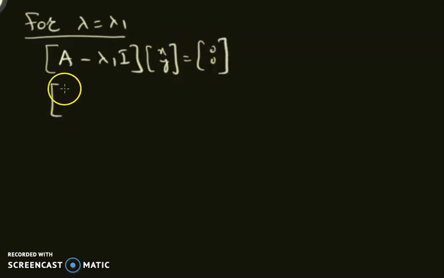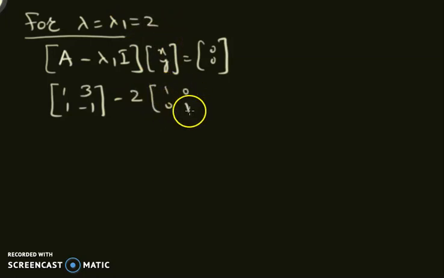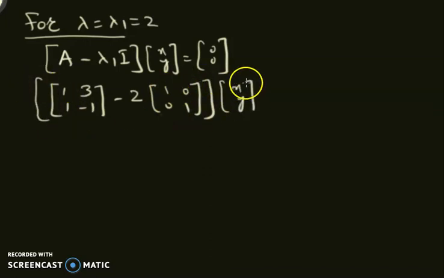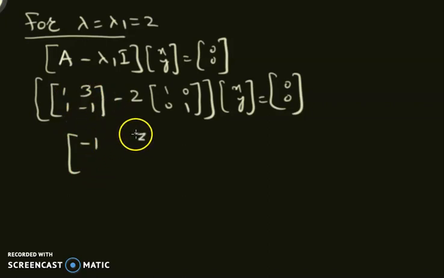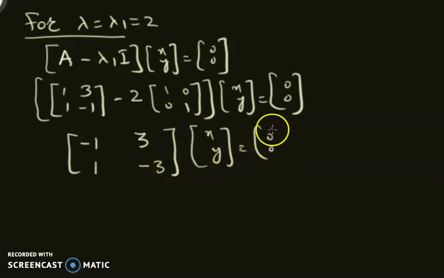My A was [1 3; 1 -1] minus lambda 1, and lambda 1 is 2 for this moment, times [1 0; 0 1], all operating on (x, y) equal to (0, 0). Now this is [-1 3; 1 -3], operating on (x, y) equal to (0, 0).